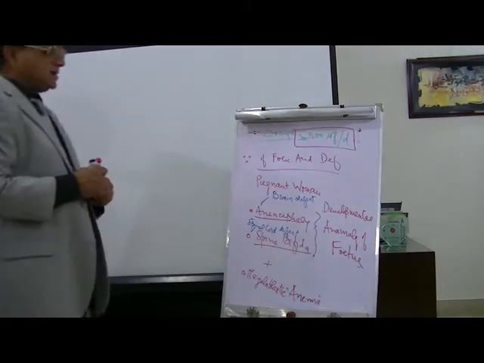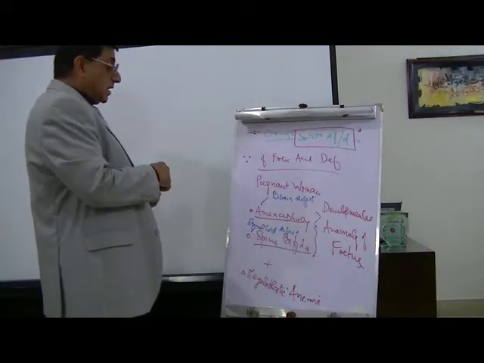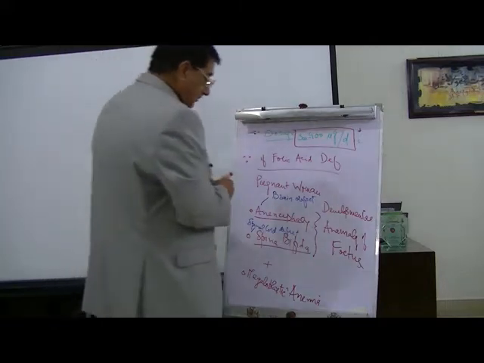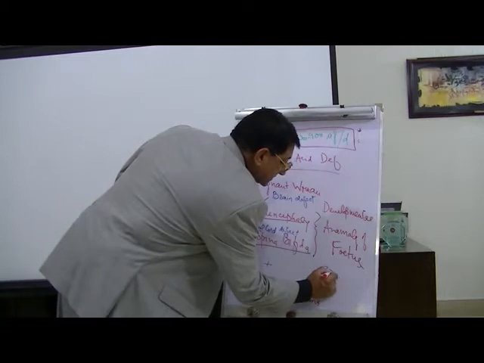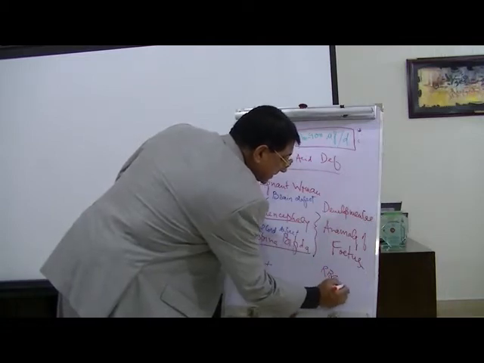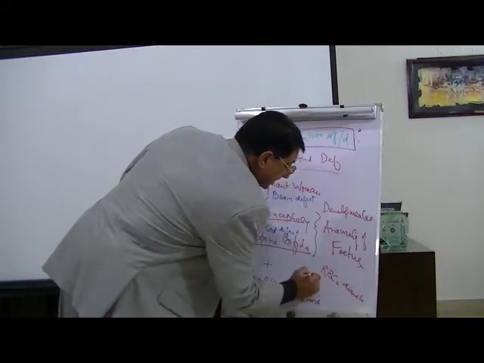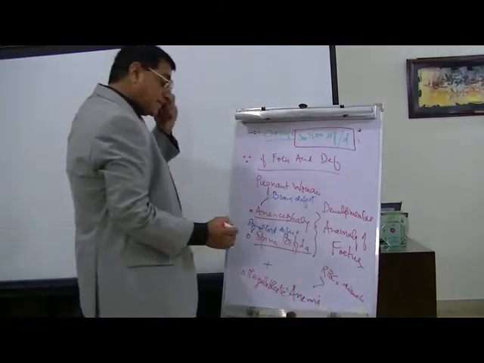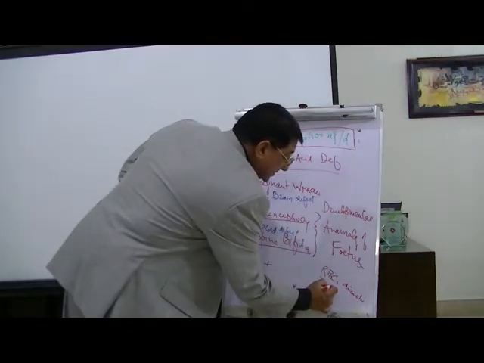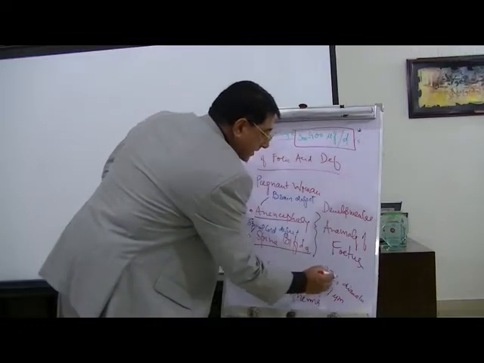That is, the cells are bigger than normal. The RBC diameter is greater than 7 micrometers.